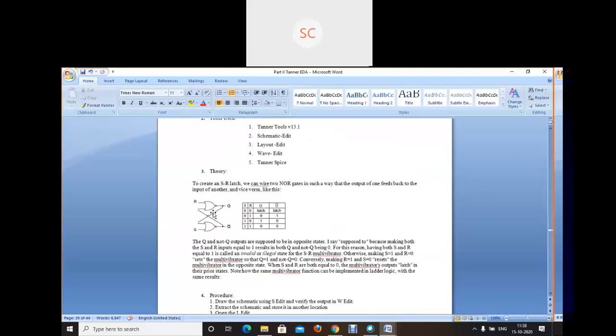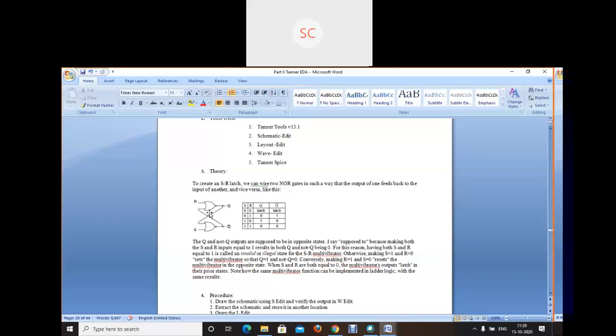Whatever my NOR gate is, I know you know this circuit, but when we are making the layout or schematic, it is necessary to know that in the NOR gate where I have R as an input, the other is fed back, and Q output comes out; with S, the second is Q bar.